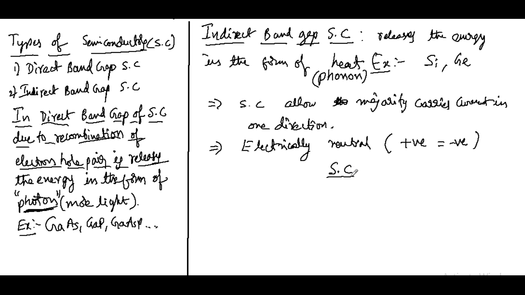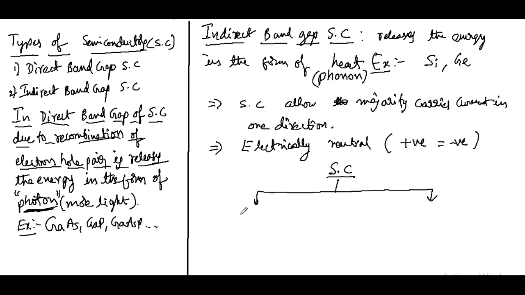According to the internal structure, these semiconductors are again classified into two types. In the first case, I wrote according to the energy band gap: direct band gap semiconductors and indirect band gap semiconductors. Now I am writing according to the internal structure.